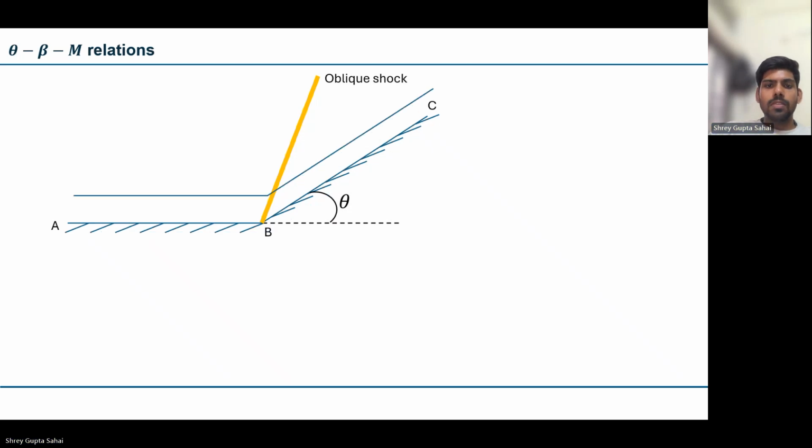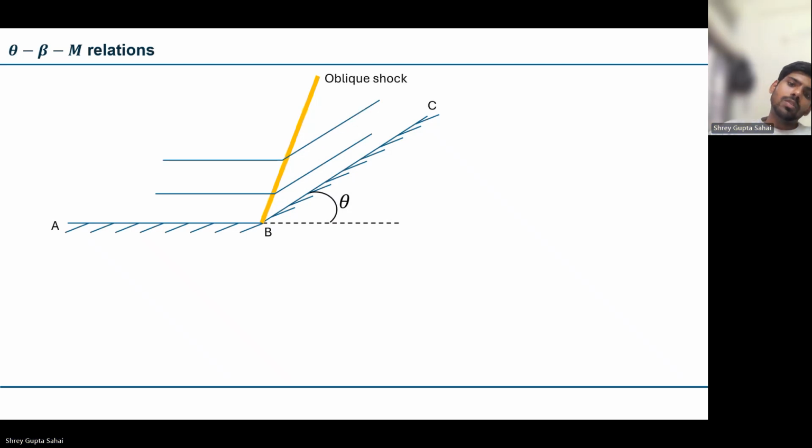Let me do this dashed thing there, something at an angle, perpendicular, I guess.